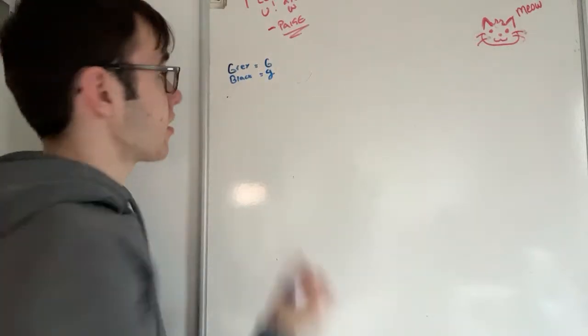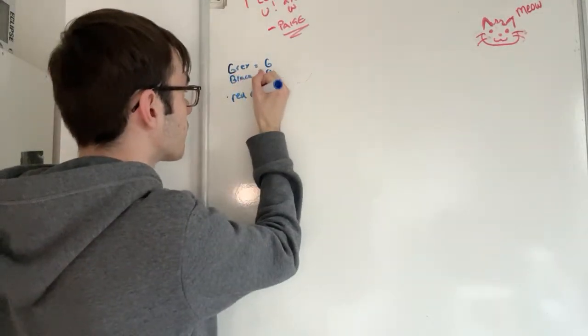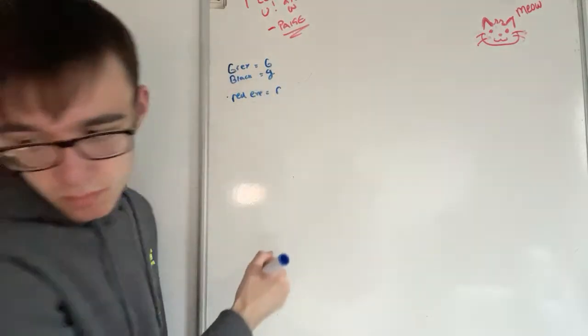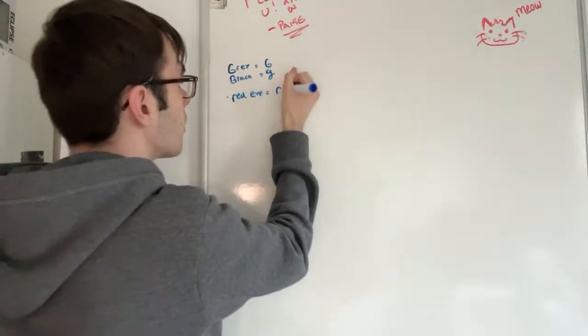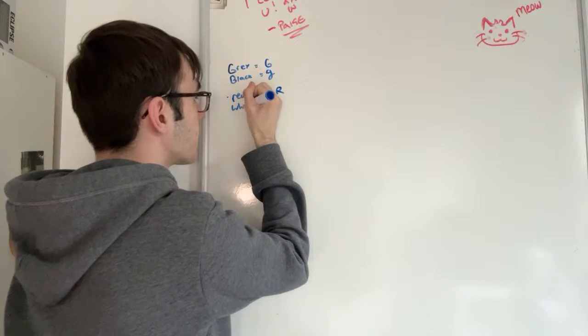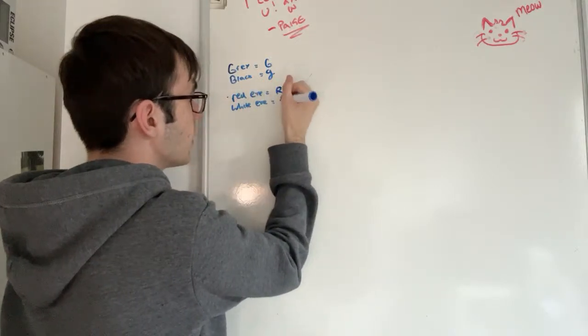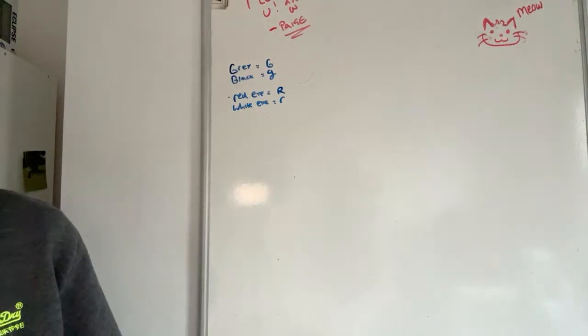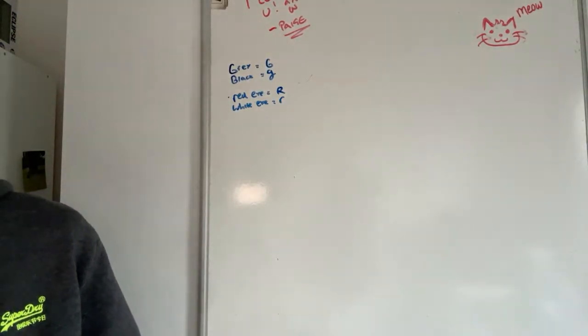Red eye is R. White eye is r. Immediately thinking, is this going to be the 1 to 2 to 2 to something ratio?